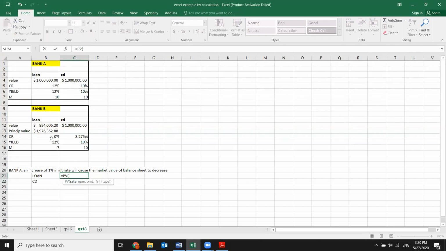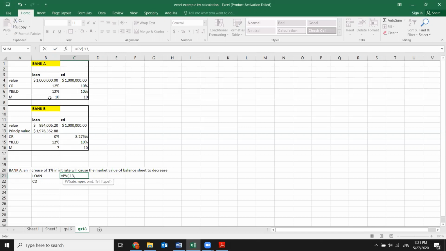That means this yield will be increased by 1%. So when we calculate the loan for bank A, it was 12%. Now it will be 13% because it increased to 13.